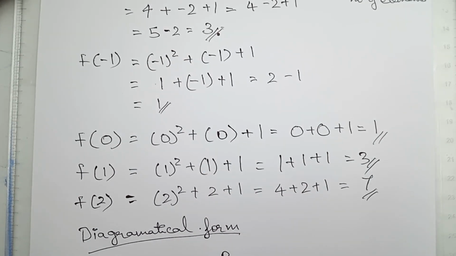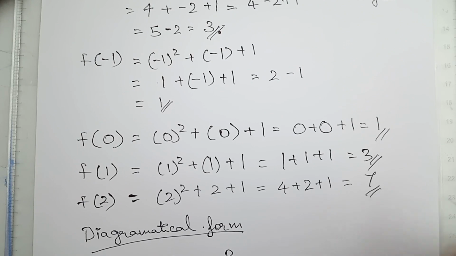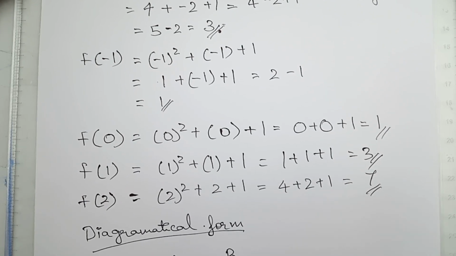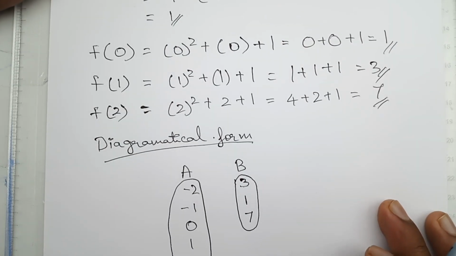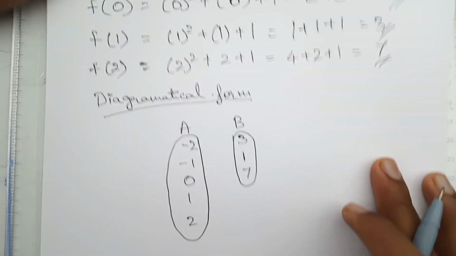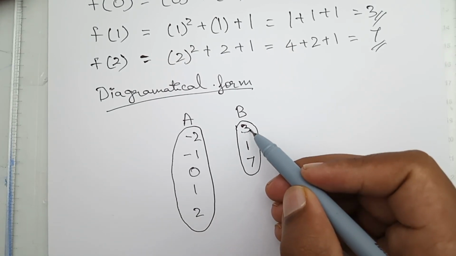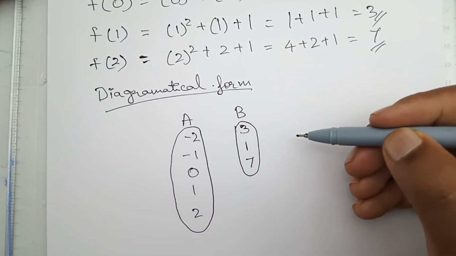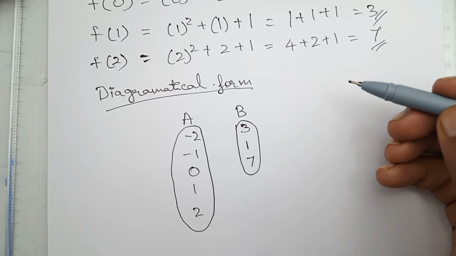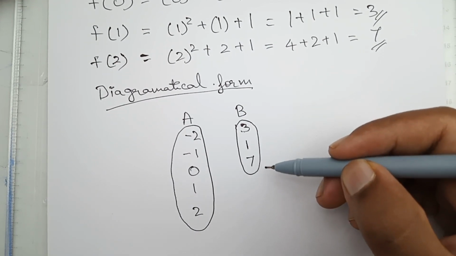So here 1 only once, and 7 is only once. I will show you how to represent it as a surjection. See, 3 is twice but I have written once. 1 is twice, I have written once, and 7 is single, so it is written as usual.